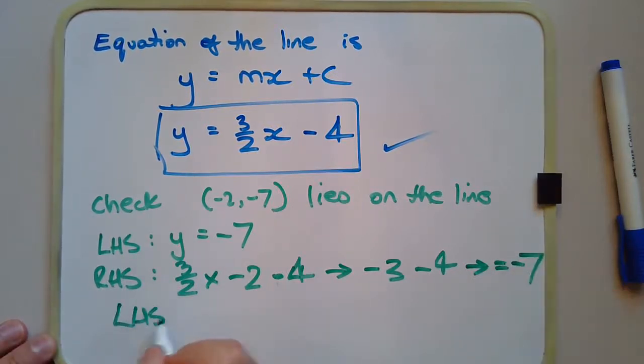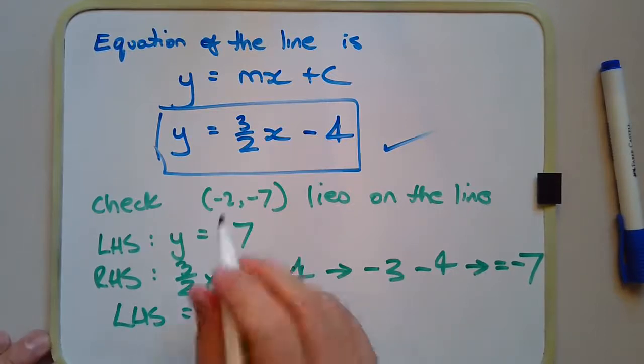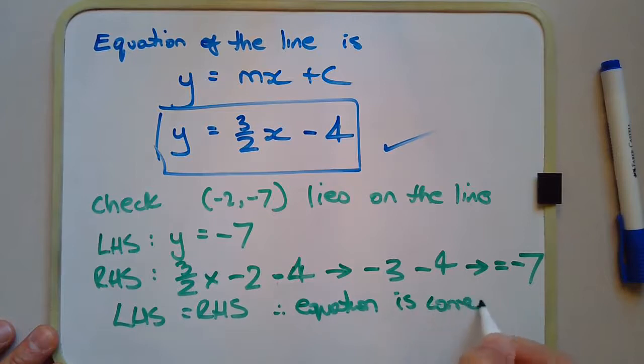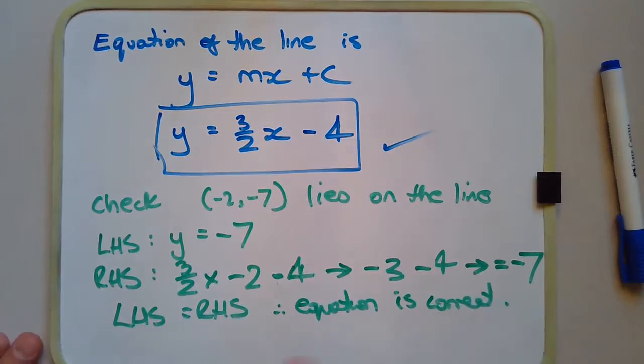So left hand side equals right hand side. Therefore the equation is correct. That's a good way to check to make sure you've got the right equation. Get those marks if they're on offer.